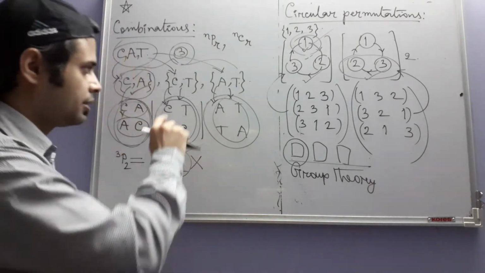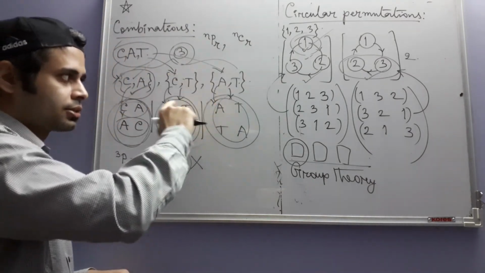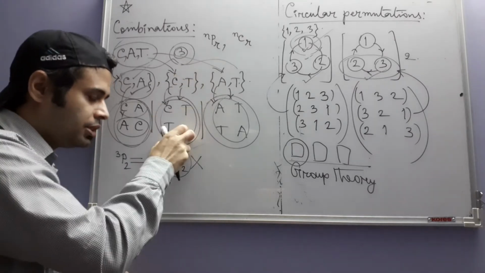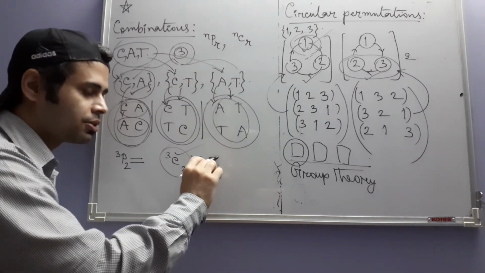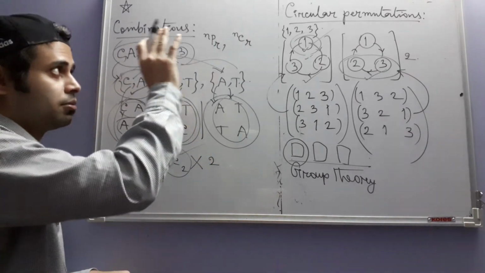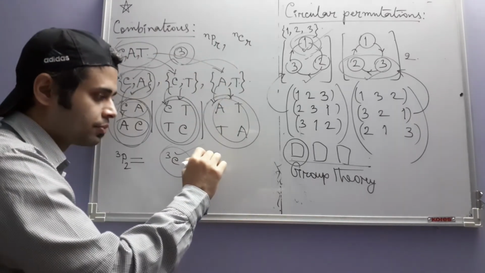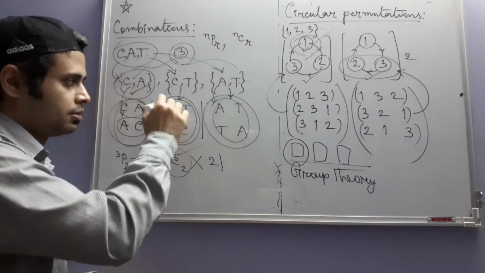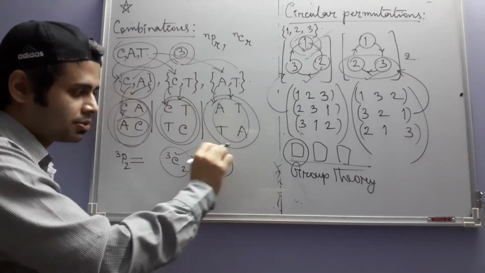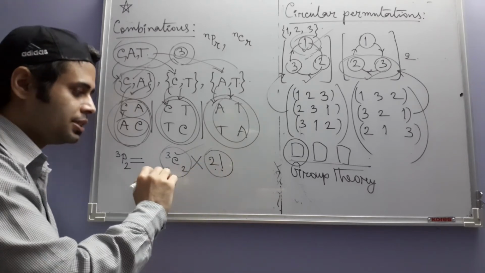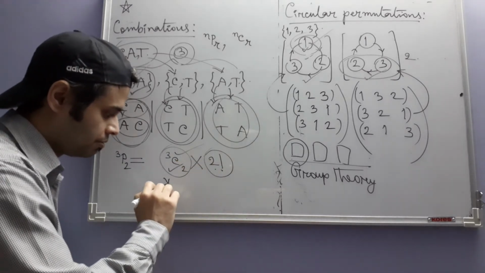Times, for each such choice of objects, we are permuting them. Now two objects can be permuted in how many ways? Because they are distinct. Oh, the objects are distinct. Okay, 2 factorial ways. There are two objects, so they can be permuted among themselves in 2 factorial ways.